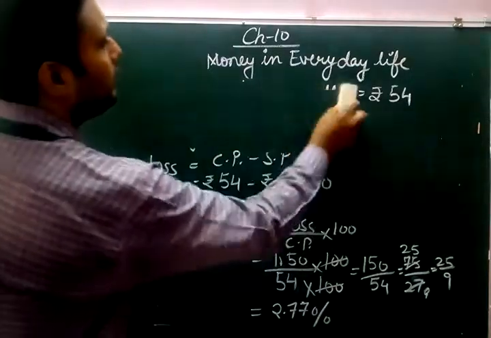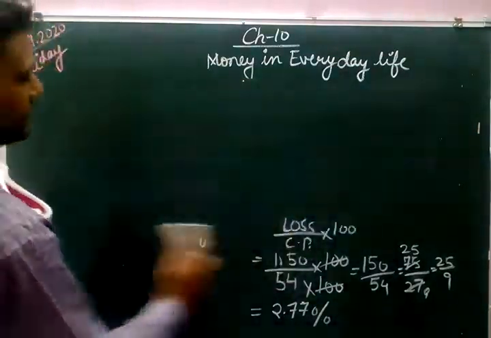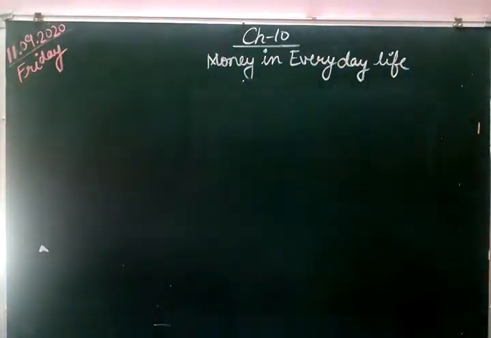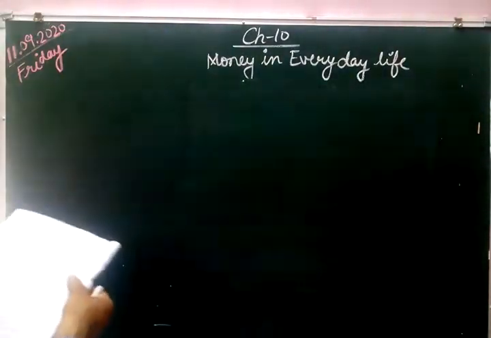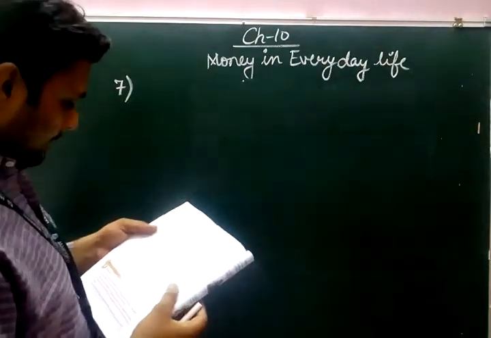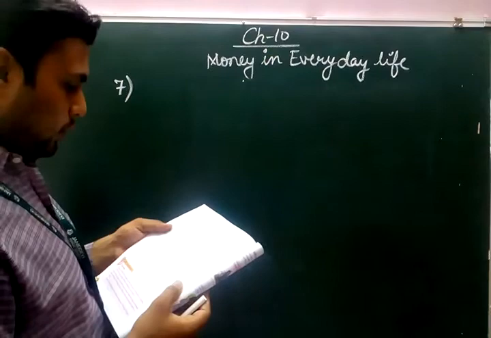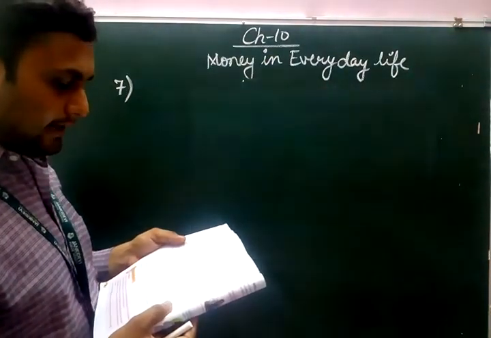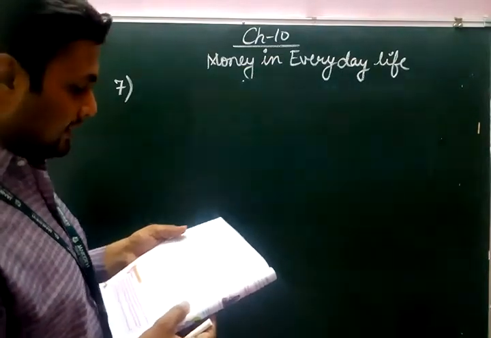Now student, we are going to discuss the seventh question of exercise 10.3. Vishnu bought a sofa set for rupees 55,400 and sold it at a gain of 8%. Find his selling price.